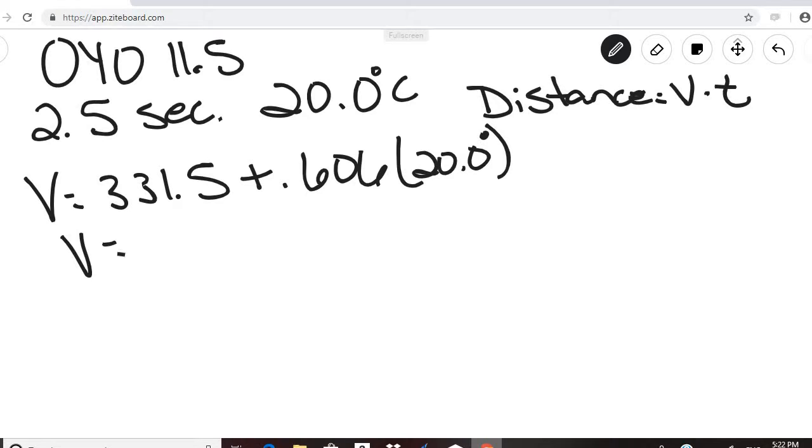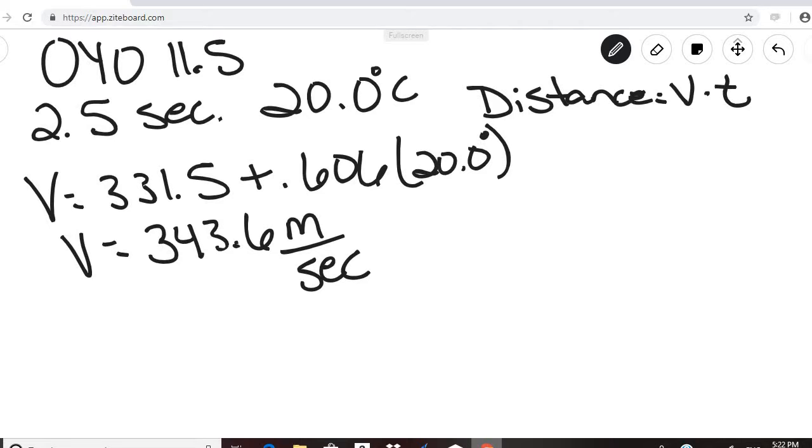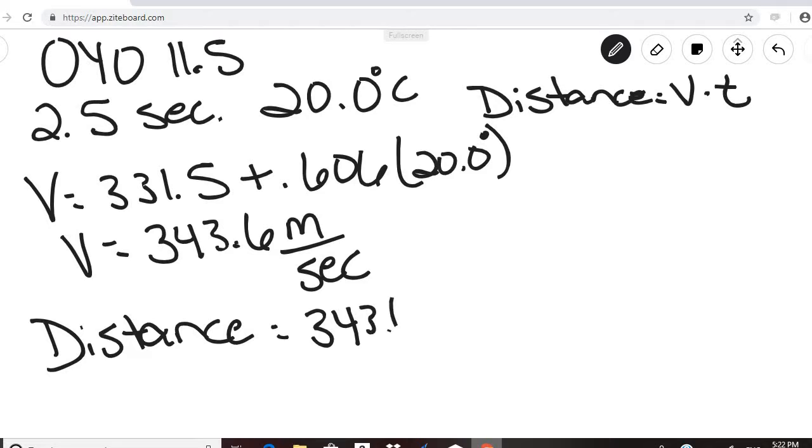So the velocity then, with three significant figures, comes out to, well, actually we can go out to the 10th place, so it's 343.6 meters per second as the velocity. So then distance is equal to the velocity, 343.6 meters per second times the time.